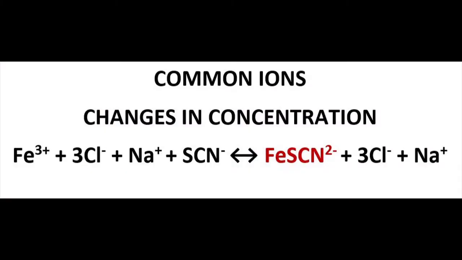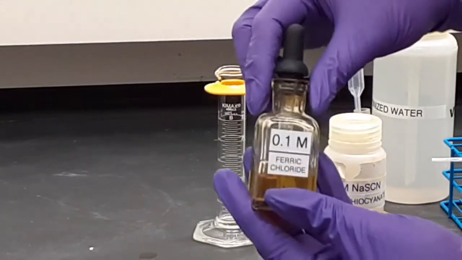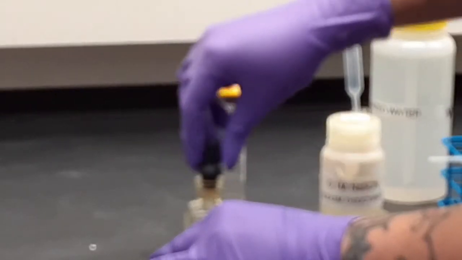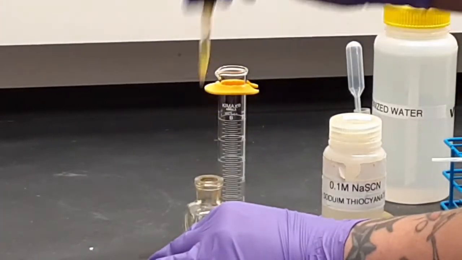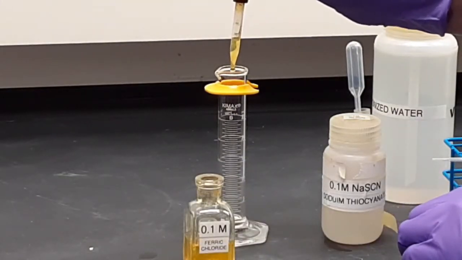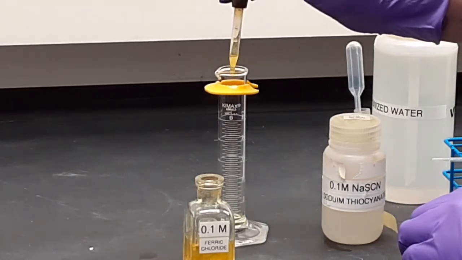Now let's look at some other common ion effects. So if you've already looked at the equilibrium lab, you recognize these chemicals, or at least you recognize that they're very similar to other chemicals. This ferric chloride, of course, contains ferric ion.